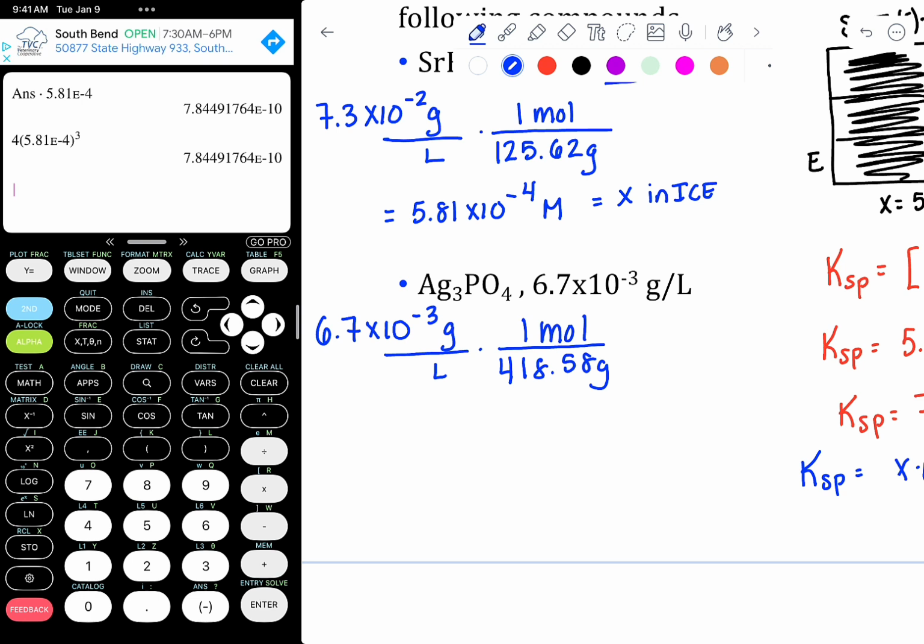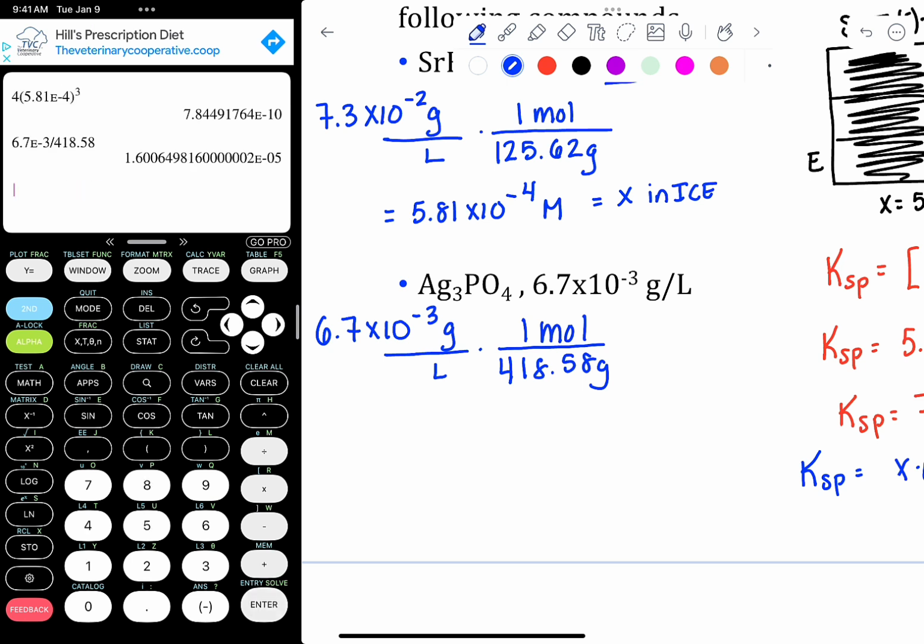So we take 6.7 times 10 to the minus 3, and we divide that by 418.58. And we get out a molar solubility of 1.60 times 10 to the minus 5.